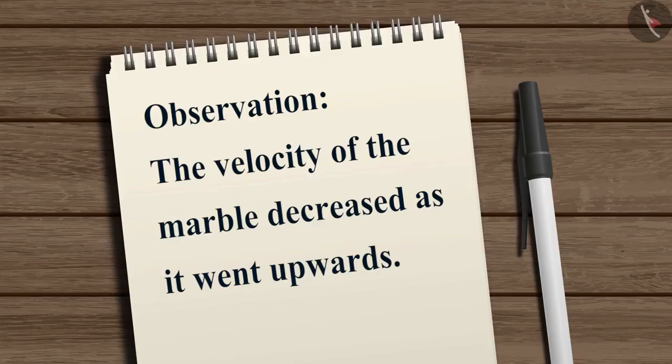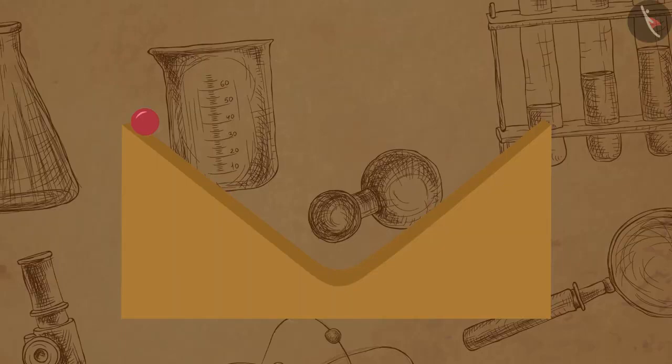This time, he observed that the velocity of the marble decreased as it went upwards. Galileo further argued that if two inclined planes of opposite slopes were kept beside each other, then a marble released from the top of the slope will roll down only to climb up to the same height of the opposite slope.